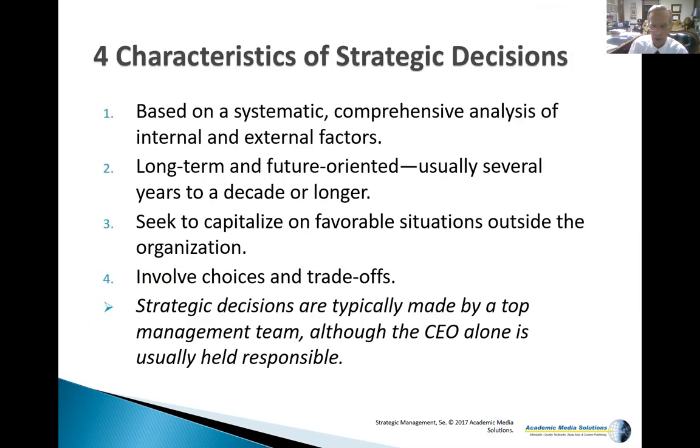Okay, so what are these decisions then, what are characteristics of decisions that turn out well? First of all, it's done in a systematic way where the analysis of internal capabilities and the external environment, as I said earlier, when you start, internal capabilities are probably not well aligned to what's going on outside in the economy, market, and industry.